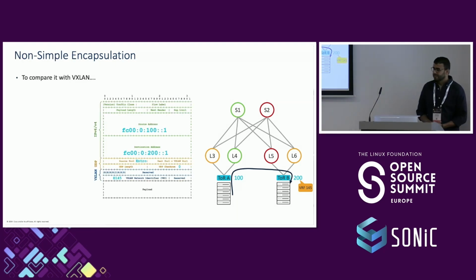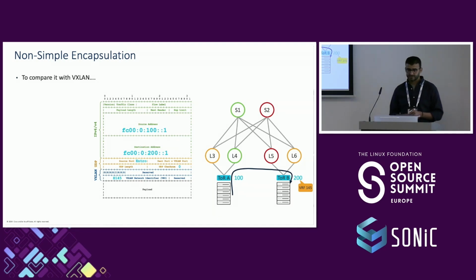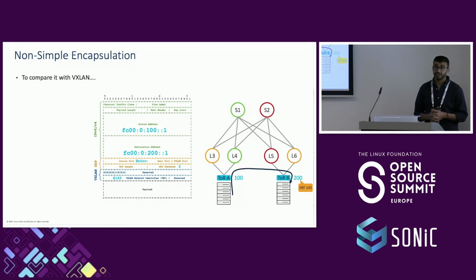Then let's see how we would achieve this in the past. In SRv6, we said we need just IPv6 encapsulation. If you want to achieve the same with VXLAN, you would need 2 extra headers. Basically, you need a UDP header after IPv6, and then you need a VXLAN header, where most of the bits in the header are unused, except the VNI identifier that will identify, let's say, the VPN on the other side.